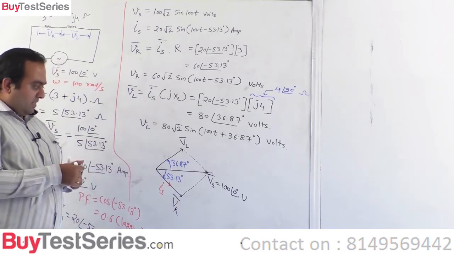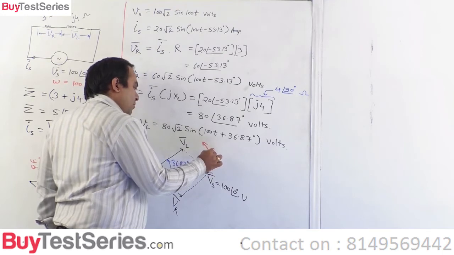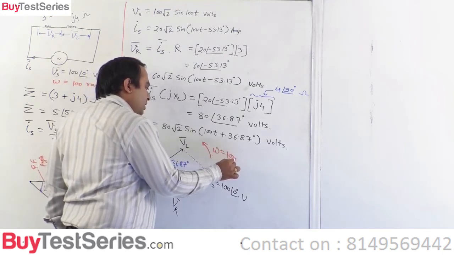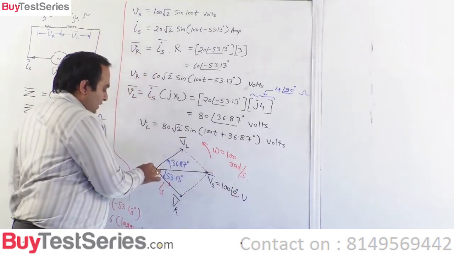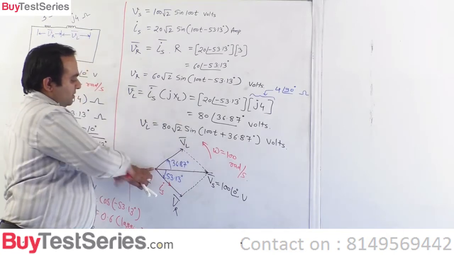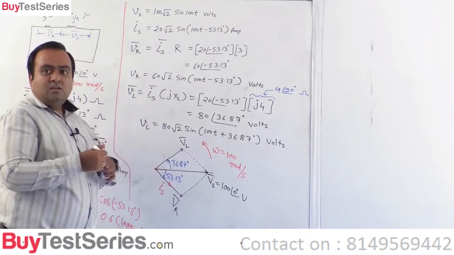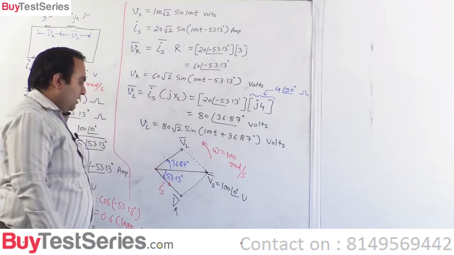This entire phasor diagram is rotating at omega equal to 100 radians per second. You can consider this to be the center of rotation, rotating at a constant frequency omega equal to 100 radians per second.